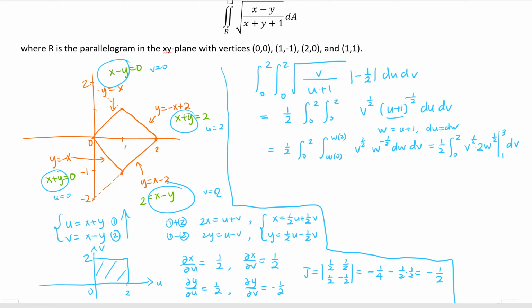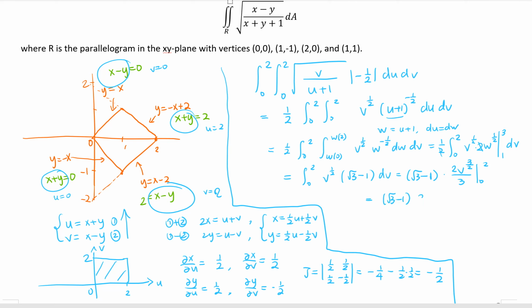So the 2 cancel. V to the 1/2, and we get square root of 3 minus square root of 1. So pull the constant out in front, and then this is v to the 3/2 over 3 times 2. Evaluate from 0 to 2, so we plug in 2.